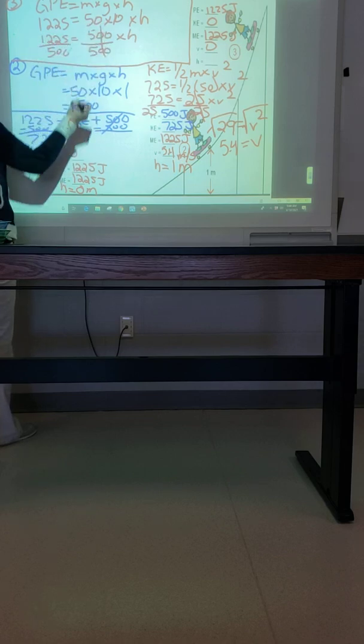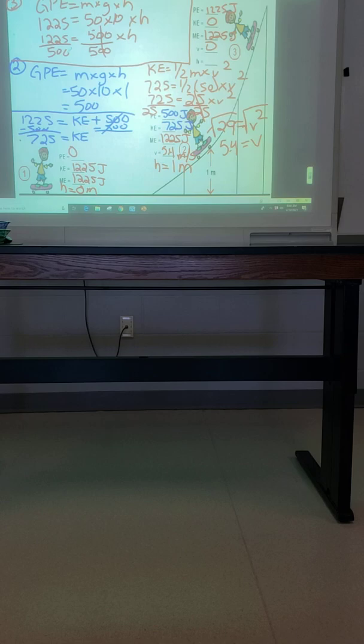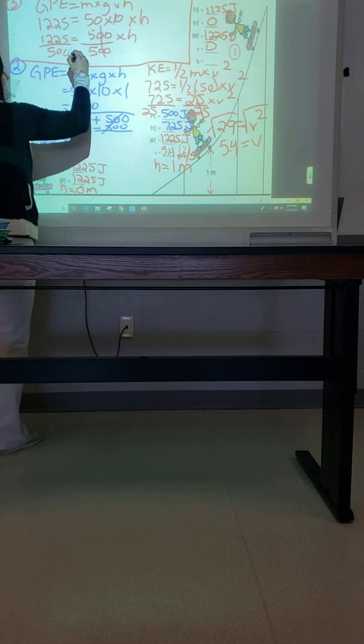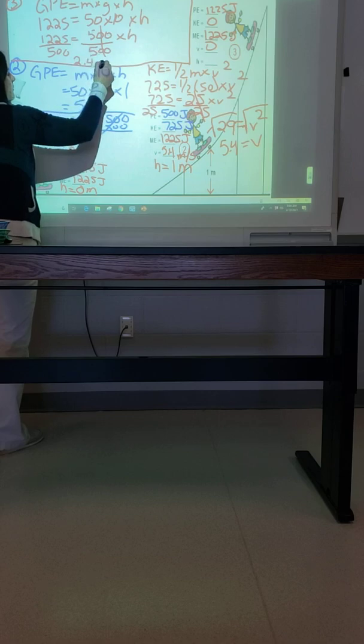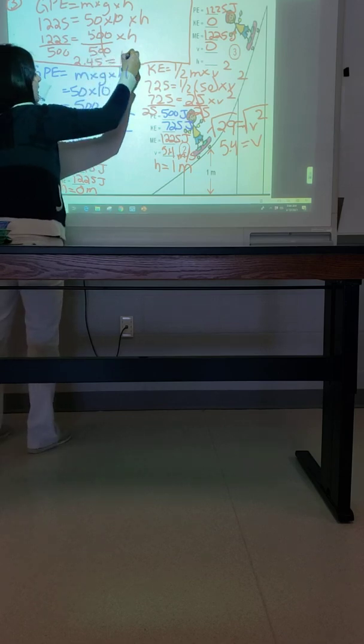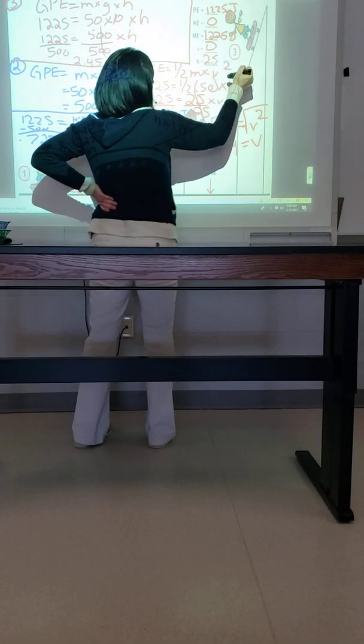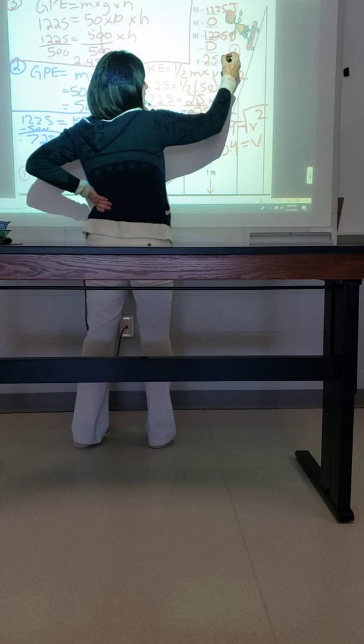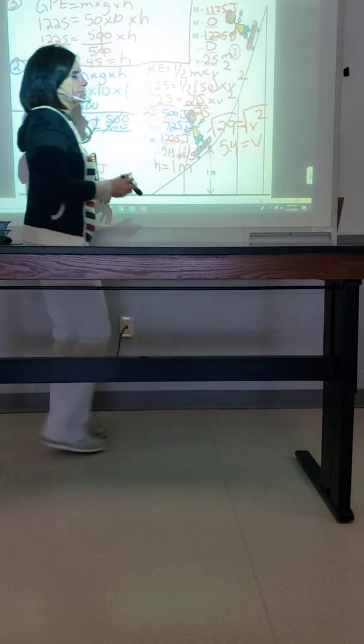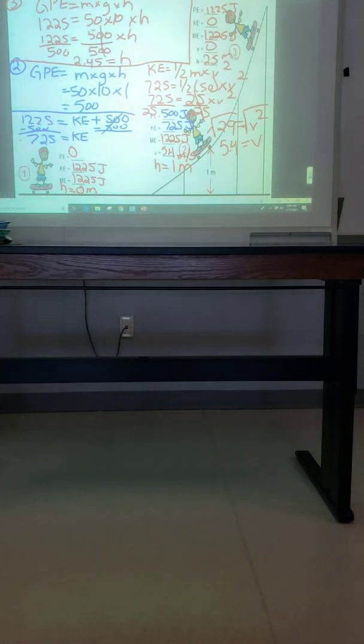And what do we end up with? 2.45. Yep. Okay, 2.45 is my height. So let's just round that. We can do 2.5. And then what are the units? Meters.